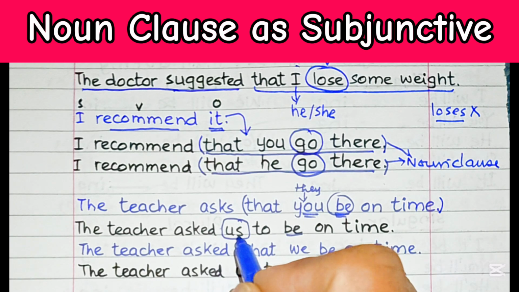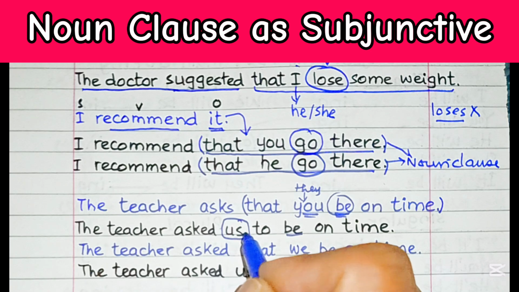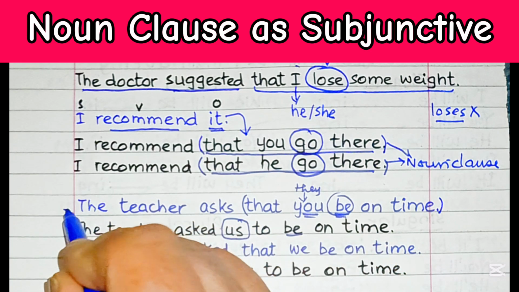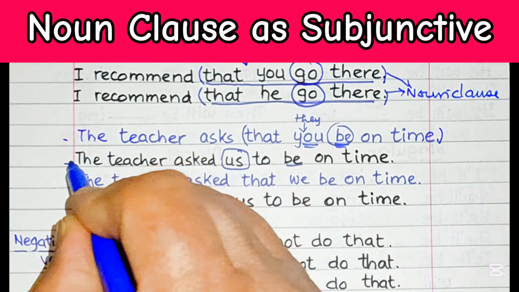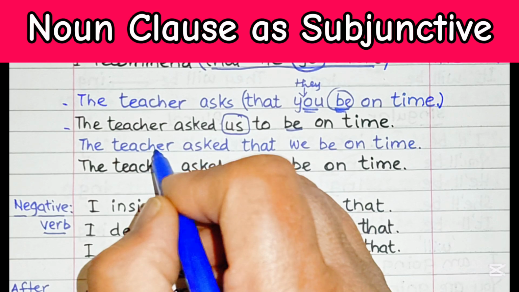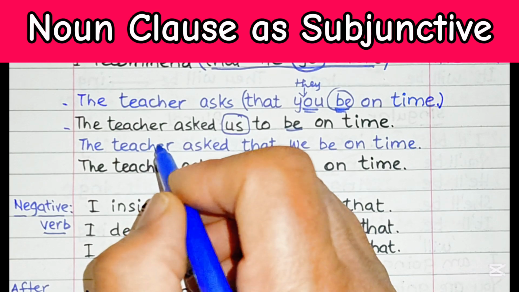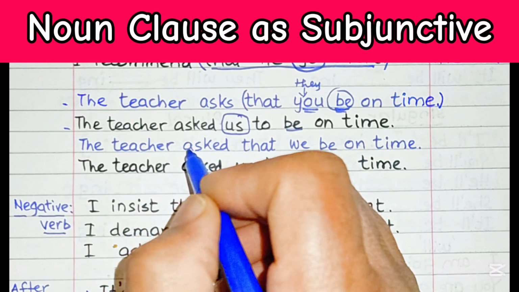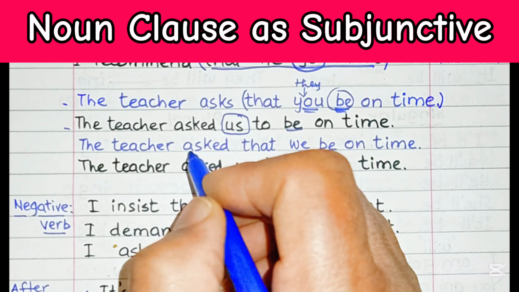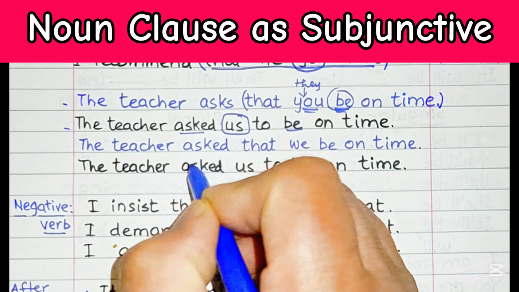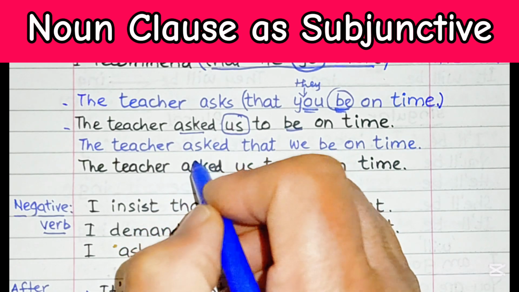As I mentioned, in any of these situations, you are still using the verb in the simple form. Notice that this first sentence is in the subjunctive mood, but this one is not. The subjunctive is not always necessary after a verb like ask or demand or recommend.